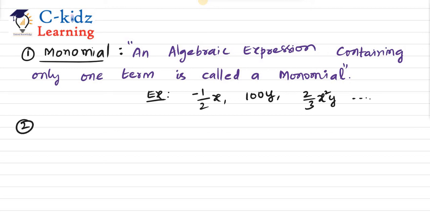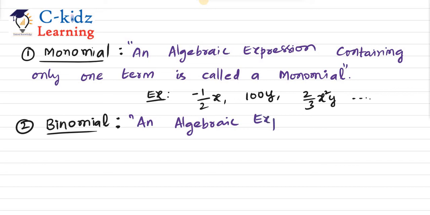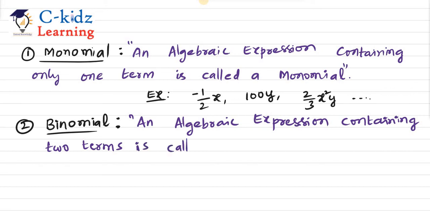Second type, binomial. An algebraic expression containing two terms. So writing the definition: an algebraic expression containing two terms is called a binomial.